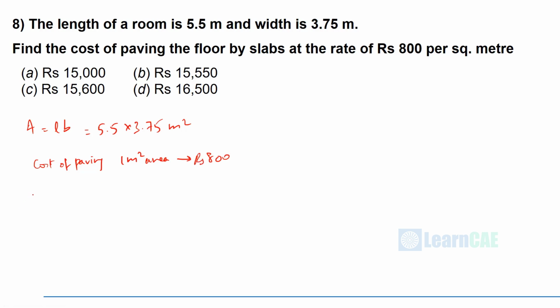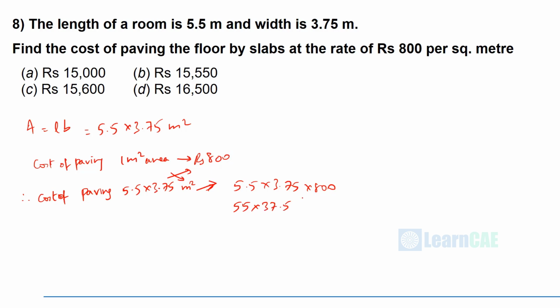So therefore the cost of paving 5.5 into 3.75 meter square area will be, since it is linearly proportional, we can multiply this directly. 5.5 into 3.75 into 800. We can add the zeros here. 55 into 37.5 into 8. Now we have to multiply these three.